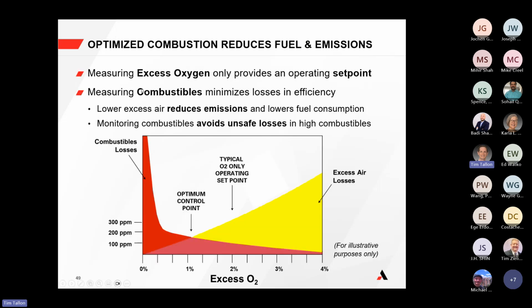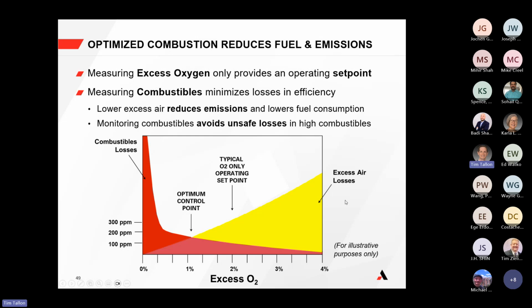So as the excess oxygen measurement provides a set point by itself, combustibles provide an opportunity. It provides a secondary measurement for efficiency. So it allows you to reduce your emissions by lowering your excess oxygen and also by lowering your fuel consumption. And as a result, you also avoid the unsafe conditions by being able to monitor for combustibles breakthrough and conditions that are this astronomical increase in combustibles.